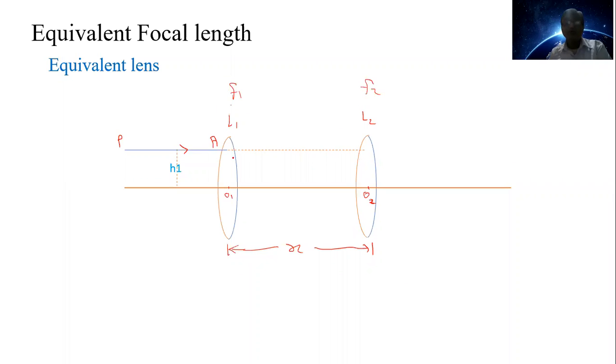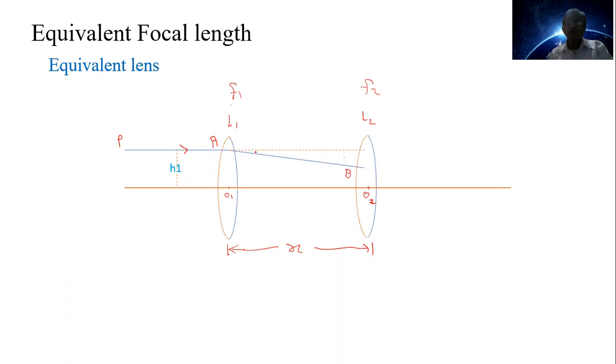But due to the presence of this L1, the light ray is deviated and it travels here along AB. PA is the incident ray and it is deviated, changes its path here like this along AB.